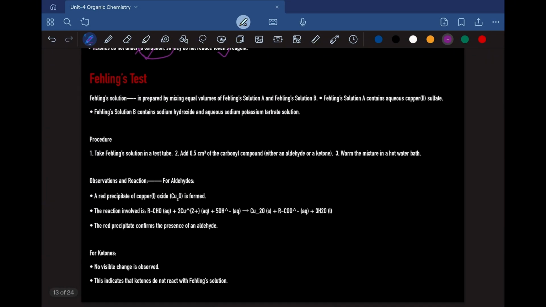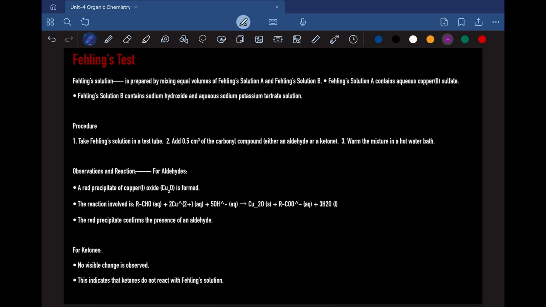Another oxidation reaction that we have to understand for the carbonyl compounds is Fehling's test. In Fehling's test, we first have to prepare the Fehling's solution, just like the way we prepared Tollens reagent. How will we prepare the Fehling solution? It will be prepared by mixing equal volumes of Fehling solution A and Fehling solution B. Fehling solution A contains aqueous copper II sulfate, and Fehling solution B contains sodium hydroxide and aqueous sodium potassium tartrate solution.